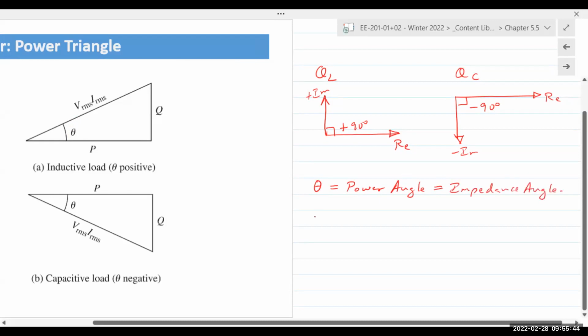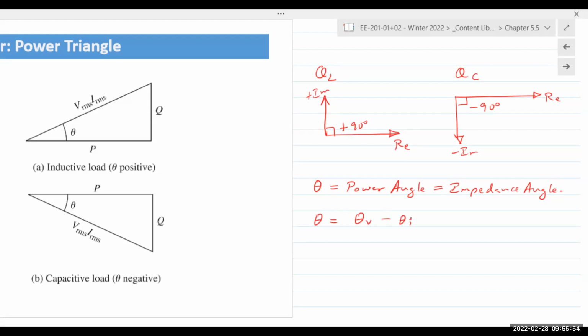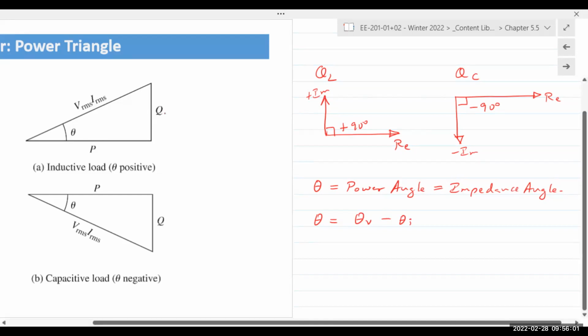The reason is that the power angle theta is simply the difference in phase of the voltage and the current, theta V minus theta I, same as the impedance. This should be QL, QC. This is the magnitude of S.